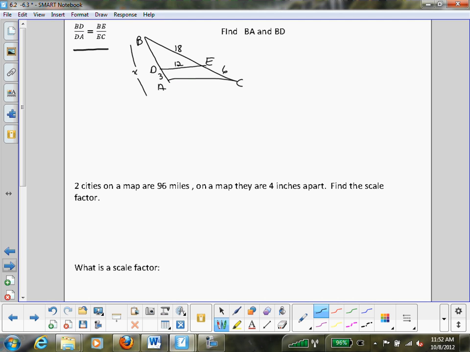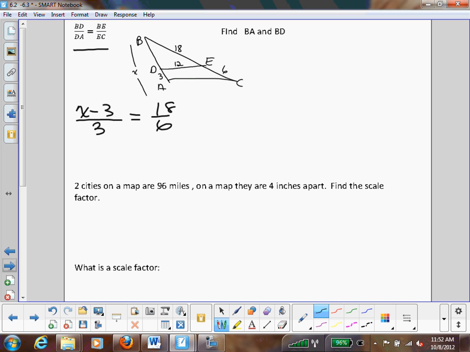If I'm telling you this is what I want you to use, look at this drawing. What's going to represent BD? X minus 3. Because BA is X and DA is 3, so wouldn't it make sense that BD is going to be the total length minus that little portion that's down below? So we're going to want to write X minus 3 over, what am I going to put? Is equal to 18 over 6.